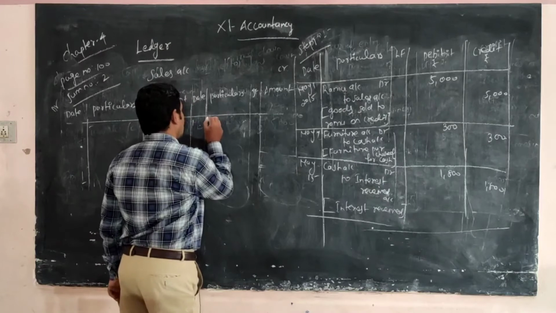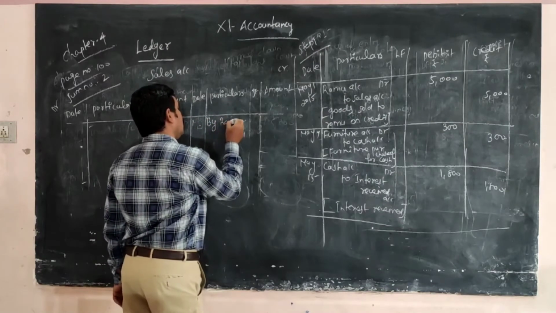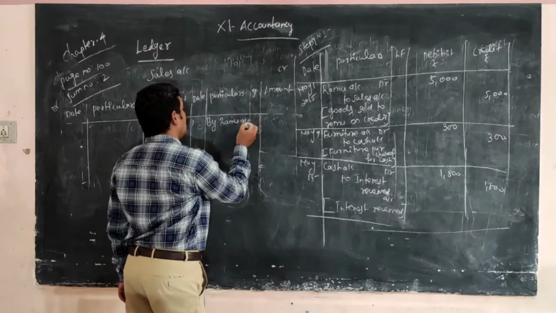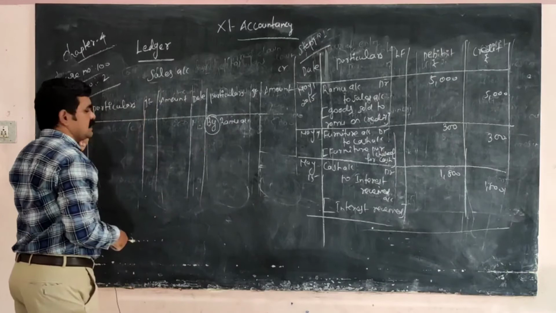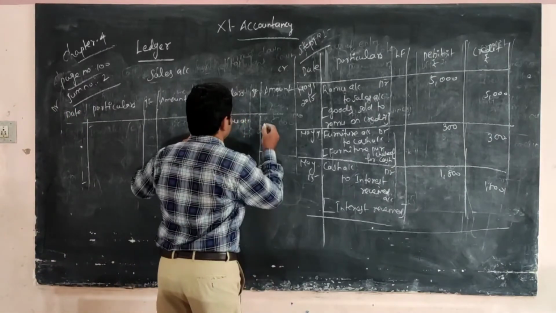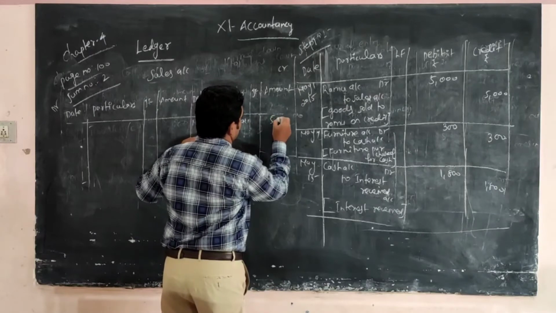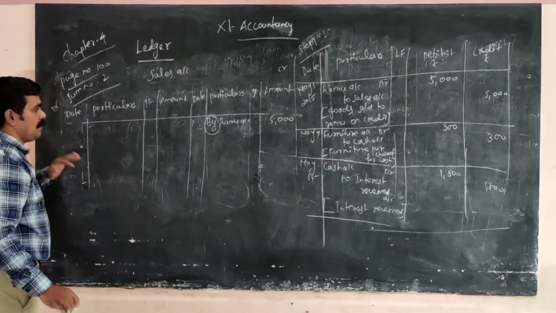So by Ramu account, because credit side means by, debit side means to. Okay, so this is the transaction. Ramu is the 5,000. Here there is no balance.